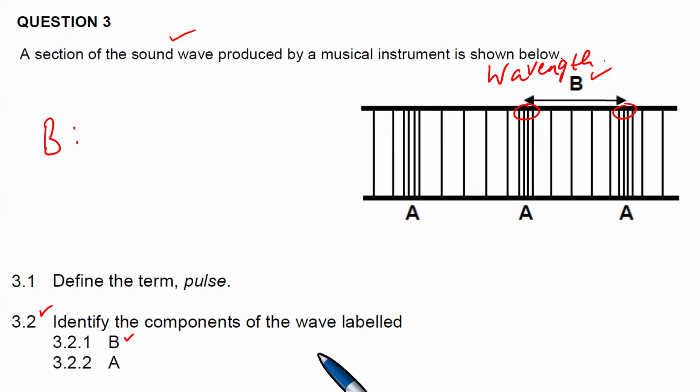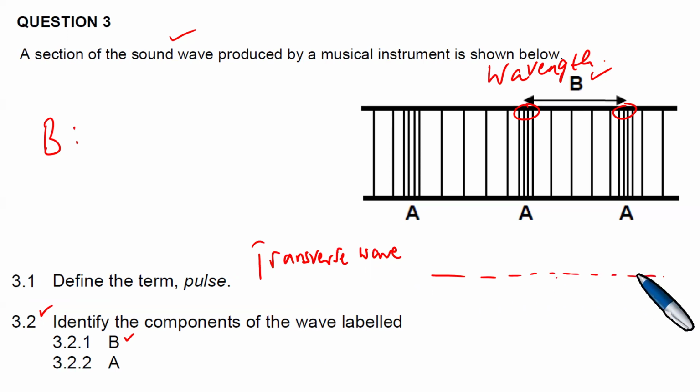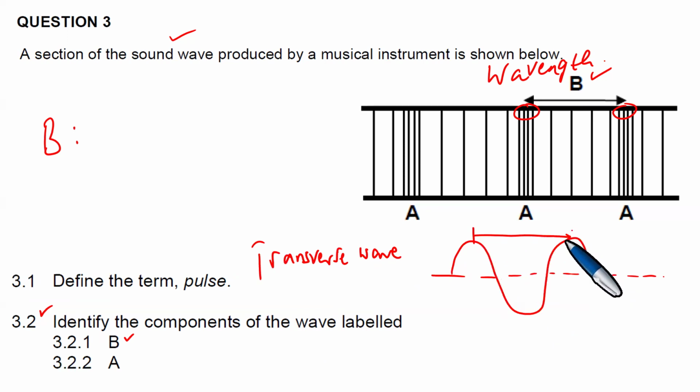Now, if you look at the notion of a transverse wave, and you have the equilibrium position like this, and this one is a crest, therefore the distance there is called the wavelength.